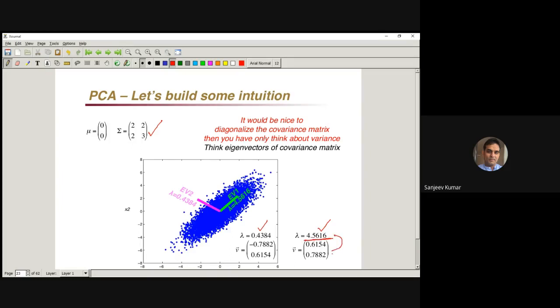This is the eigenvector corresponding to it, and from here you can see this is the direction of maximum variation. Now if I want to reduce this data into one dimension, I will project all the points onto this line, the line given by the eigenvector corresponding to the bigger eigenvalue.